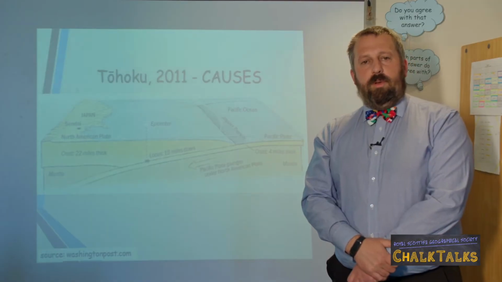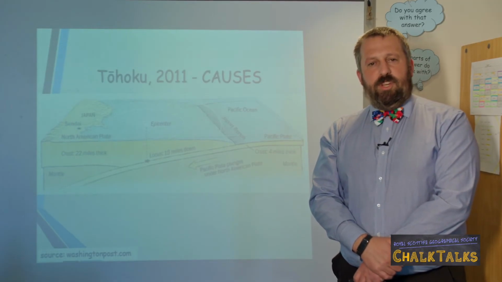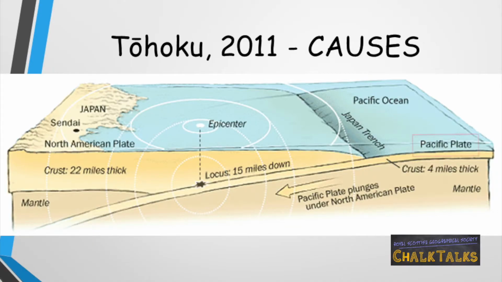The Tohoku earthquake of 2011 also happened at a destructive plate margin. In this case, the Pacific plate, made of denser oceanic crust, was being subducted beneath an offshoot of the North American plate, made of lighter continental crust. Friction between the two plates caused them to become locked together, and pressure built up until it was suddenly released.